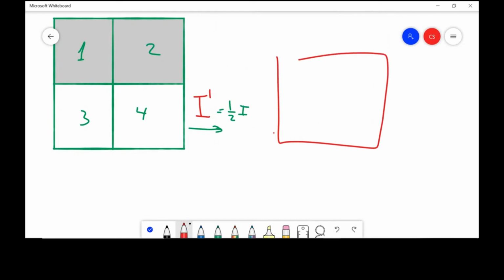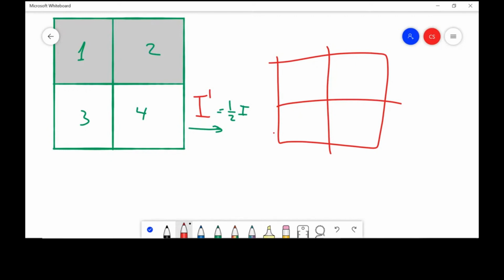Okay, so we have another image of 4 pixels. It is not that we have fewer pixels. We have the same amount of pixels, but now, because we divided by 2, we will have the following values. So we have to take a decision of how to handle the rounding.